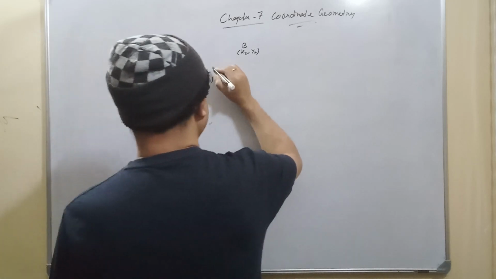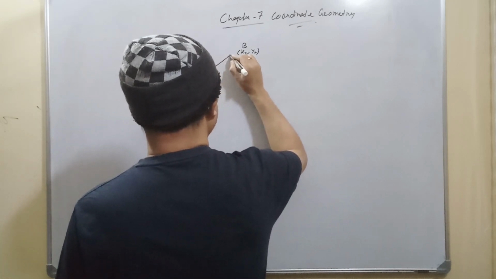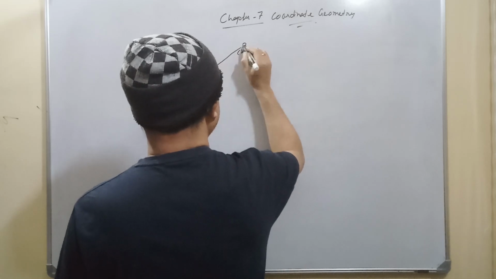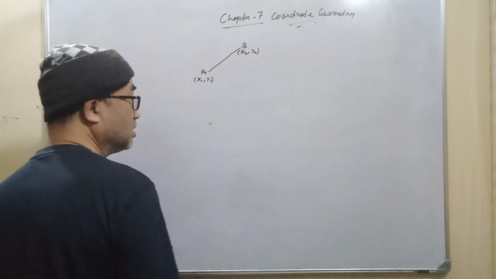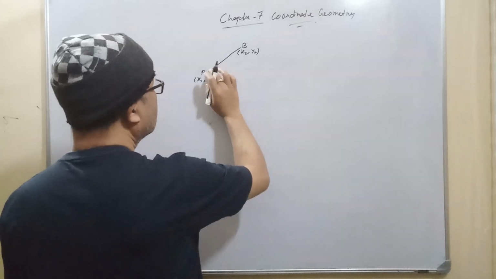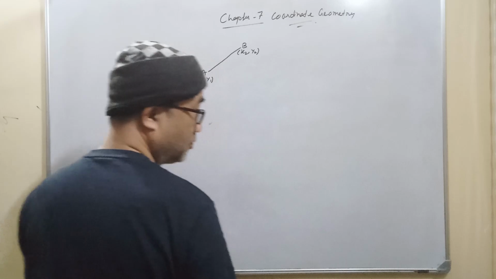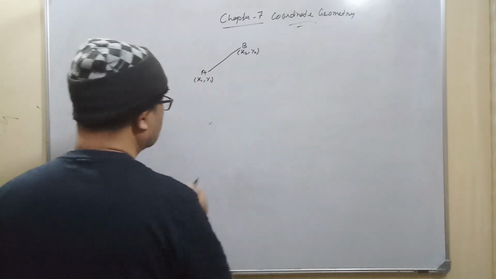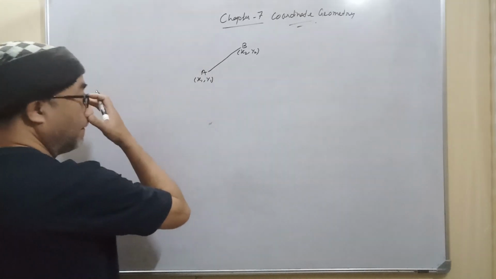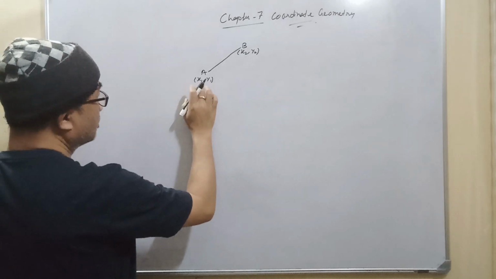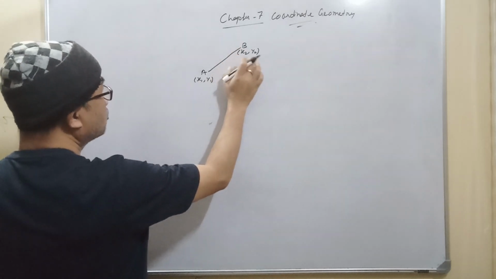So we join AB. So this is the distance, and we have to find the distance AB. We have the coordinates of A as x1, y1 and that of B as x2, y2.